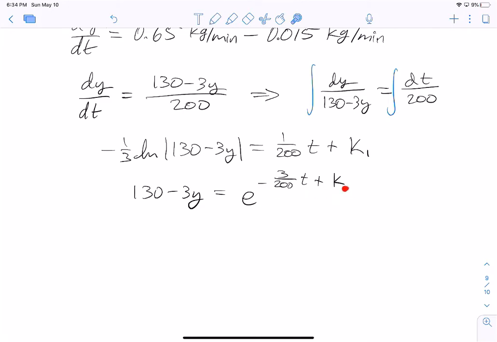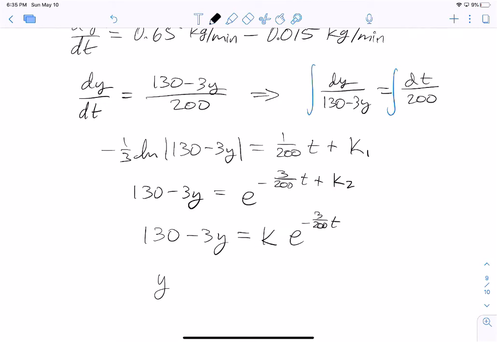Now we have this situation with the exponent where we have a sum, and so I'm going to express that as a product. 130 minus 3y is then going to be equal to k times e to the negative 3 over 200 t, where now this k is actually e to the previous k, so now I'm going to call the previous k k2. Totally legit. As long as these are different symbols, we're all good.